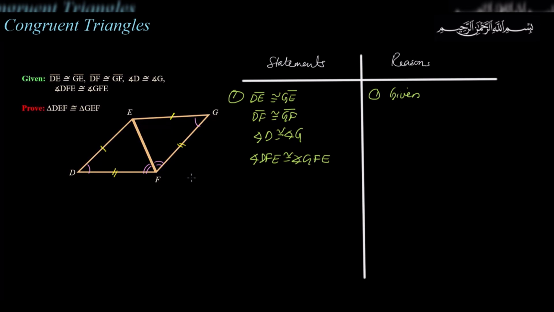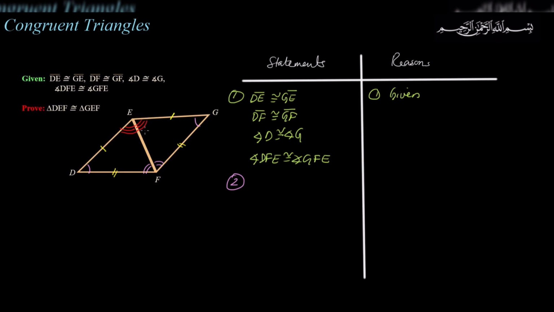To prove two triangles congruent, we need all corresponding sides and all corresponding angles to be congruent. Well, we know that this angle right here is going to be congruent to this angle over here because of the theorem that we just learned, the third angle theorem.